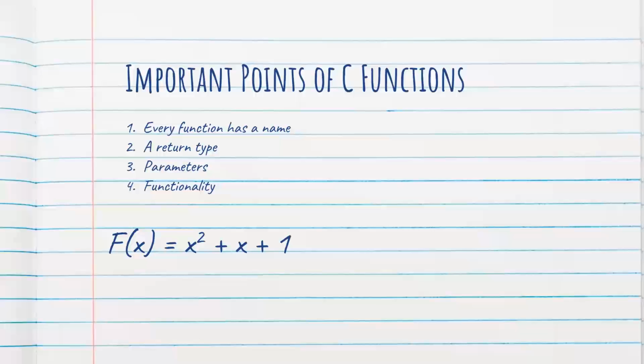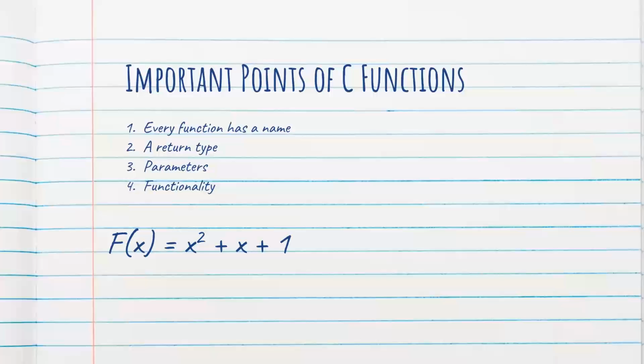Similarly, x is the argument or the parameter on which we want to perform the operation, the functionality. x squared plus x plus 1 is the formula or the functionality that we are performing. And whenever we perform this function, it will return a value. That returning value will be the return type of this function.